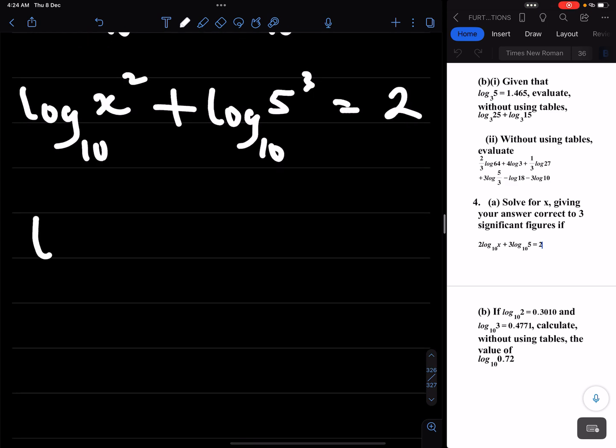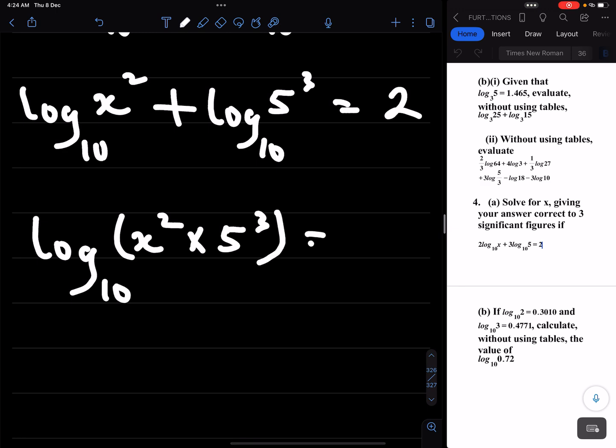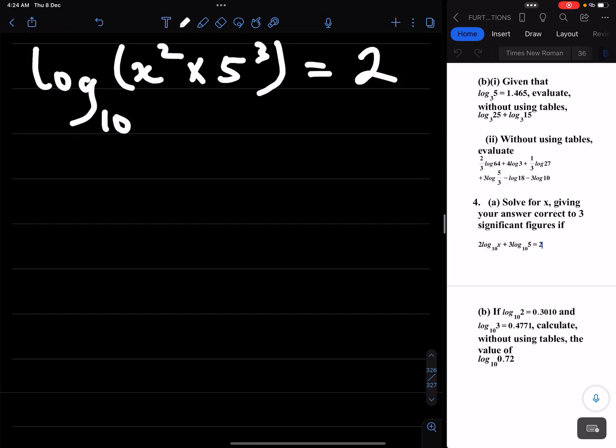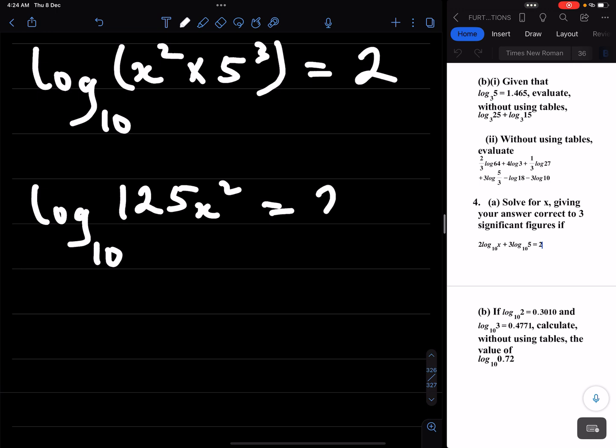Now I can combine the logarithms as log x squared times 5 raised to power 3 base 10 equals 2, and this is the same as log 125x squared base 10 equals 2.